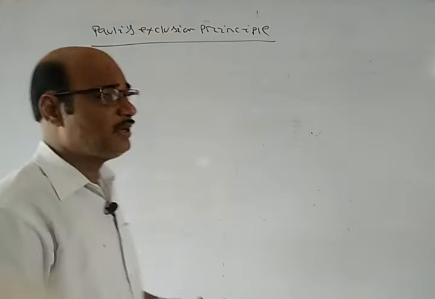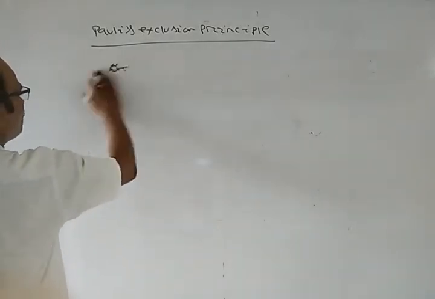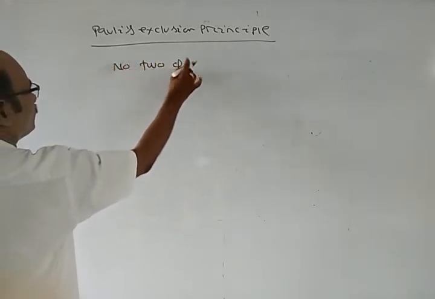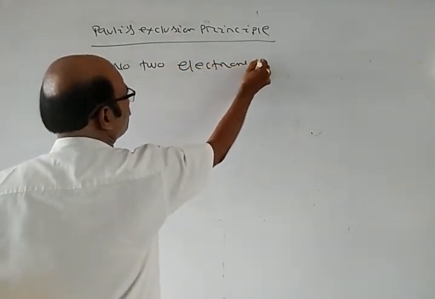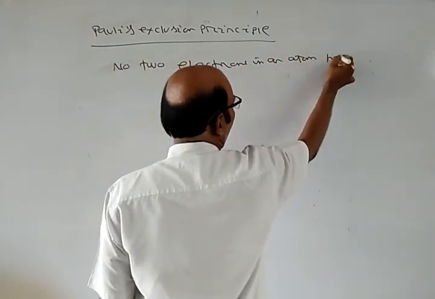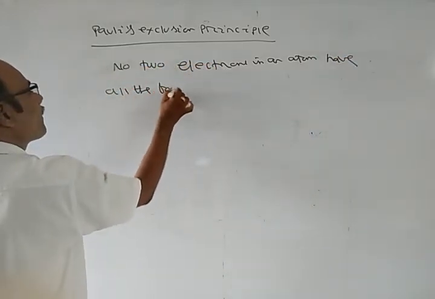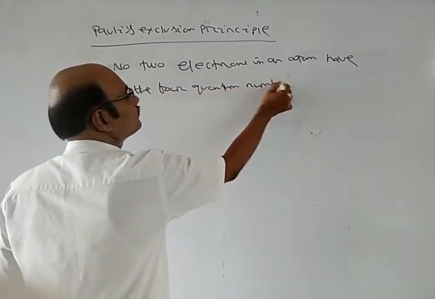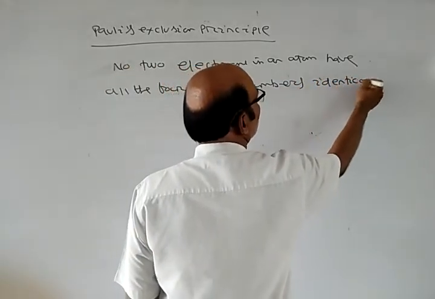Okay, let us see. So what you can say? No two electrons in an atom have all the 4 quantum numbers identical.